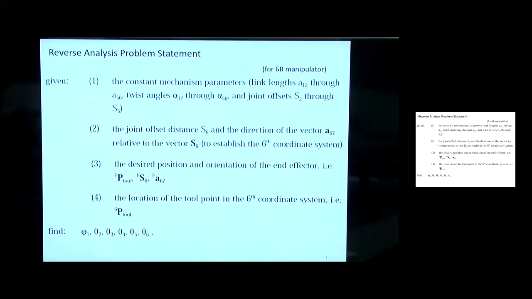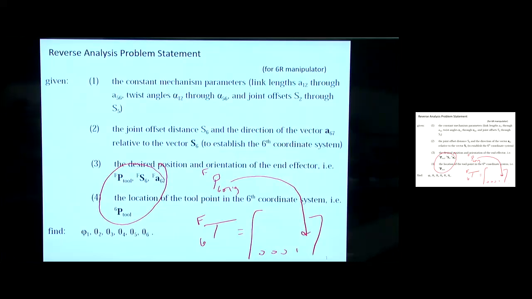And the first thing we're going to do is take this information and find out where 6's origin is in the fixed. Because if I can do that, then I know this matrix. I'm going to say I have a desired matrix, because I know the bottom is 0, 0, 0, 1. If I can find that, that goes in the fourth column.